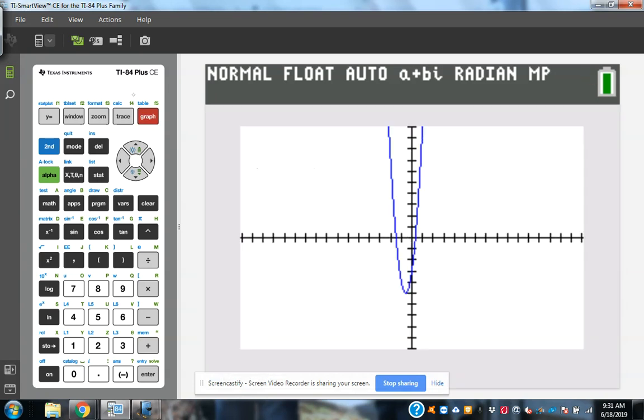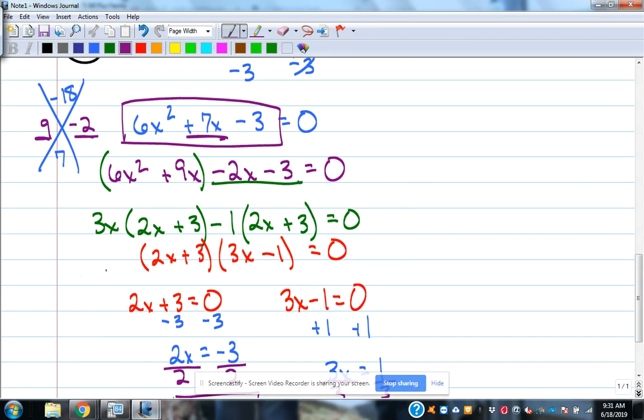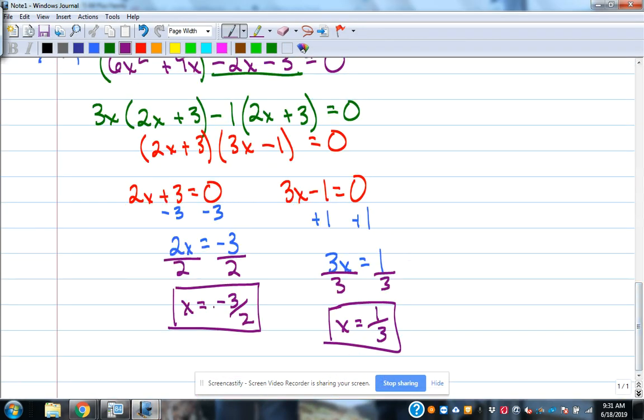And I can see that this thing is crossing the x-axis at 2 places. Okay. One of those places is between -1 and -2. Well, if I look at my answers that I got when I factored that, where is -3 over 2? We know that that's -1.5.